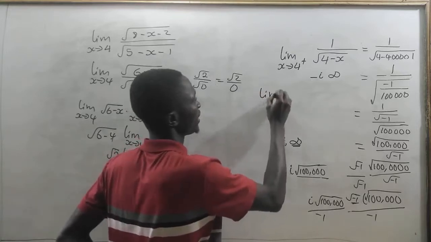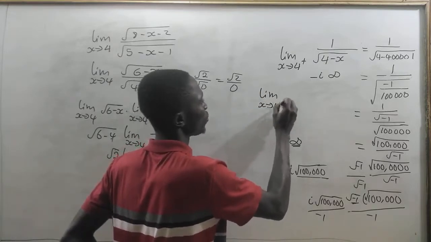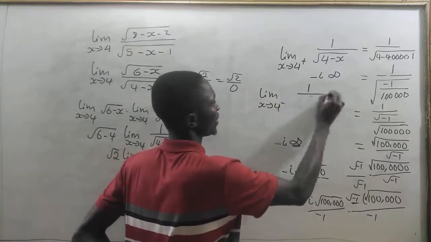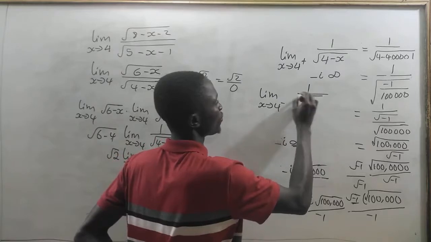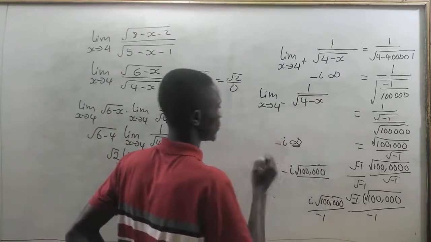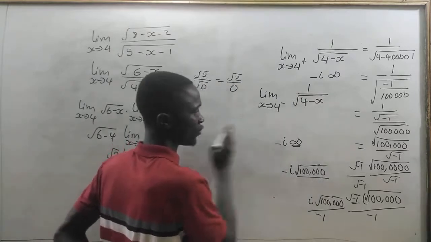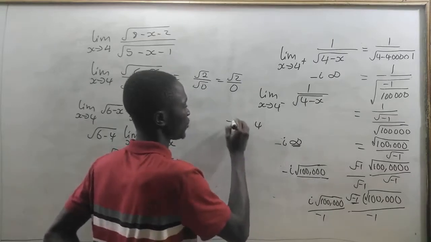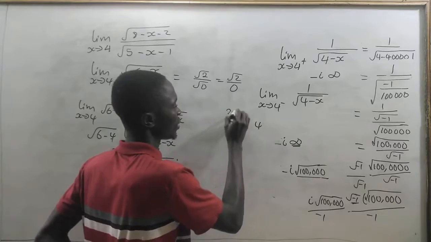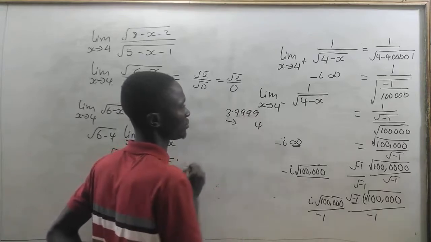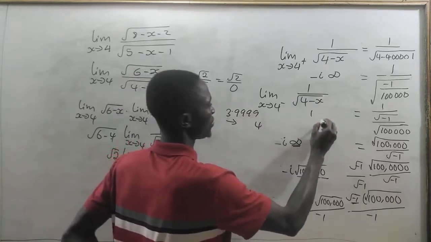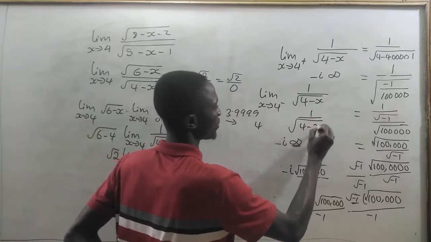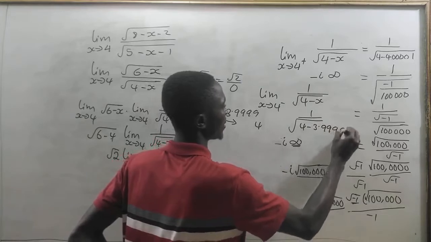So if we take the limit as x approaches 4 from the left side, 1 divided by the square root of 4 minus x. So if I take 4 from the left side of 4, I can get 3.9999. So here I'll take 1 divided by the square root of 4 minus 3.9999.